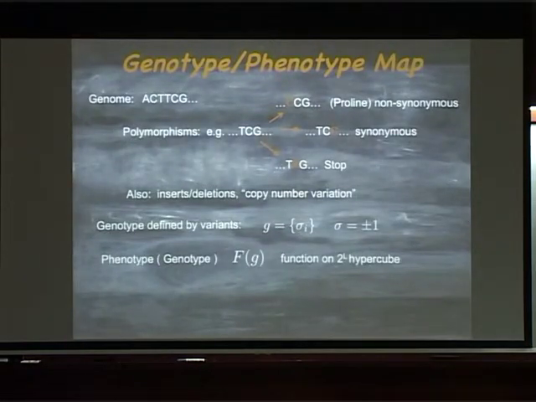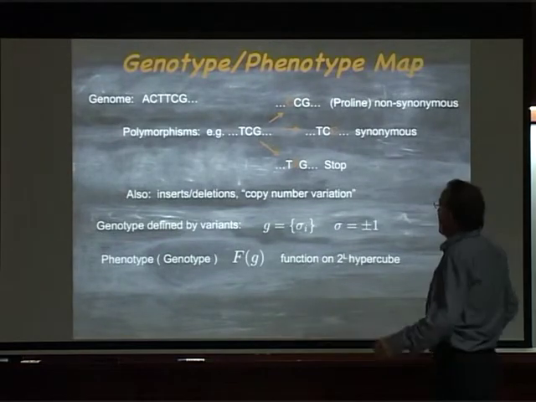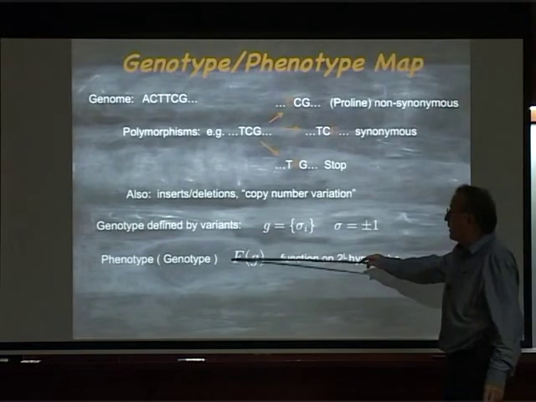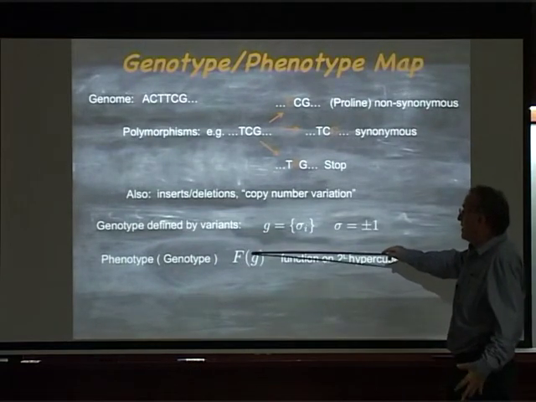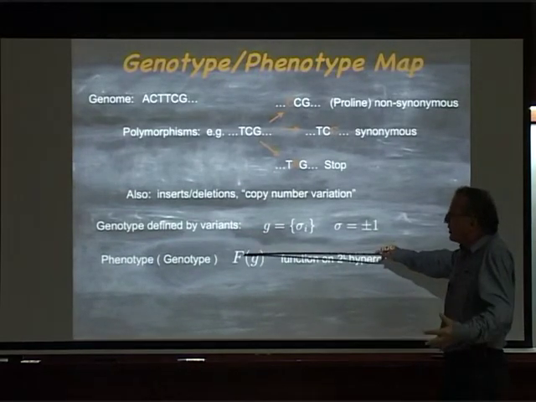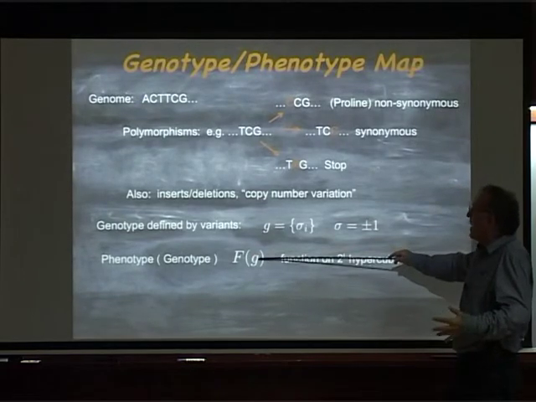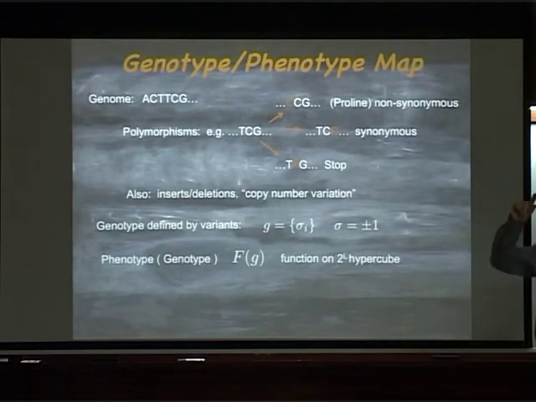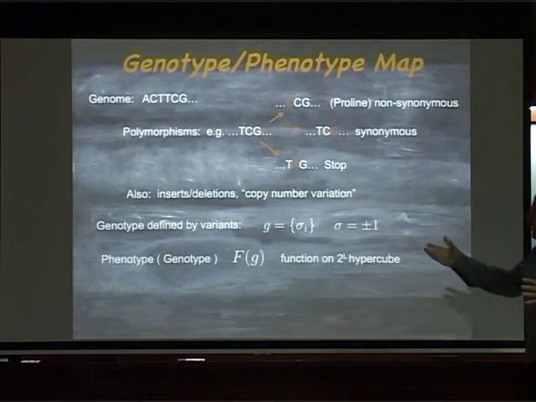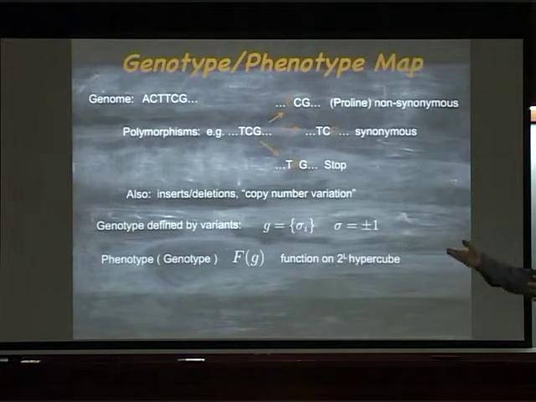So back to this genotype-phenotype map. We now want to define this function on a hypercube, right? 2 to the L possible combinatoric states in the space of polymorphisms.